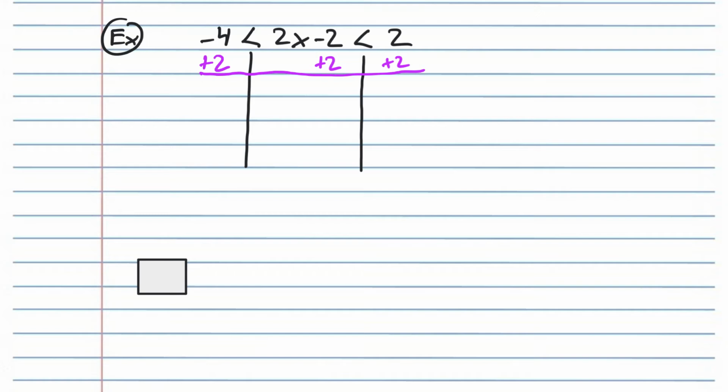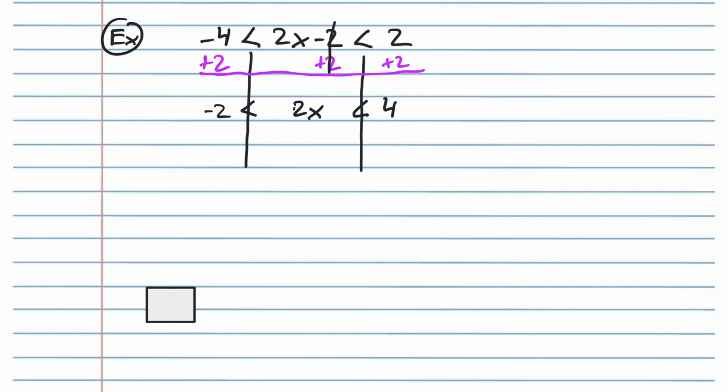Okay, so leftovers. On the left side, -4 plus 2 is -2. Okay, the symbol hasn't changed. These cancelled, so we have 2x in the middle. And on the right, 2 plus 2 gives us 4. Okay, now again, look in the middle, we want the x by itself. So just like if this was a normal question, you would get rid of that 2 by dividing. So same thing.